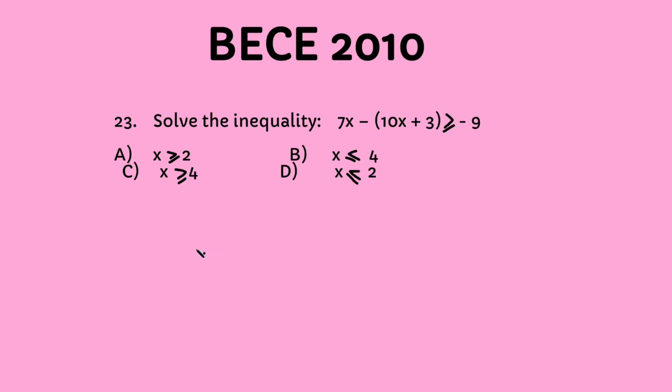Question 23. We had to solve the inequality 7x minus, in bracket, 10x plus 3, is greater than or equal to negative 9.